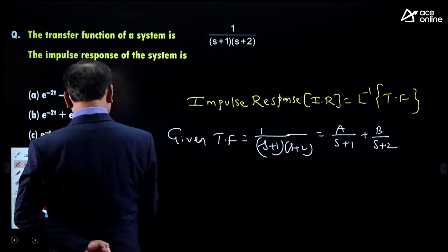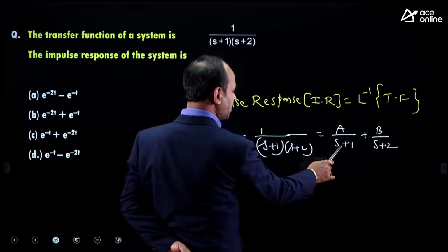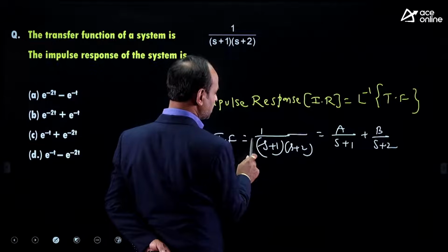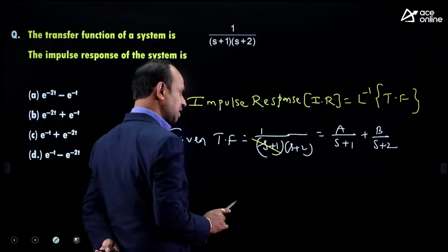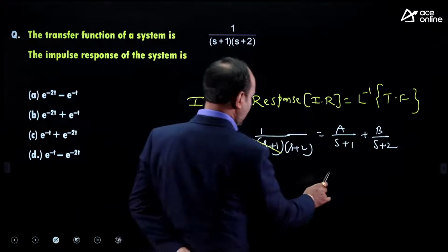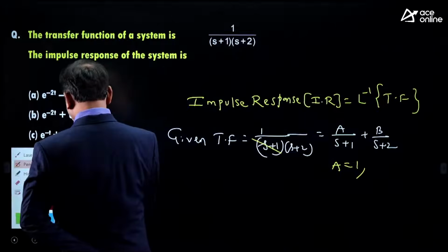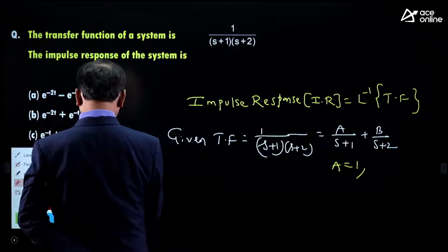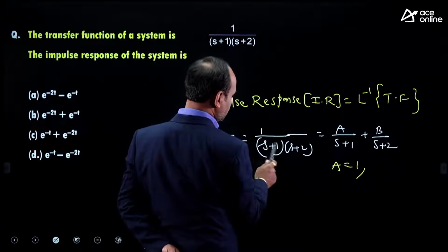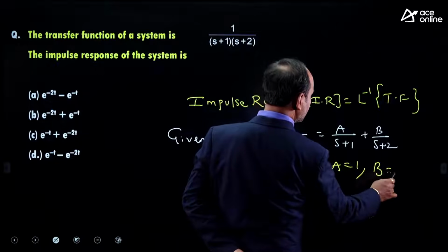You know simple mathematics. To find A, substitute s equal to minus 1 in everything except this factor: minus 1 plus 2, so A equals 1 only. To get B, substitute s equal to minus 2 in everything except this factor: minus 2 plus 1 is minus 1. So B equals minus 1.